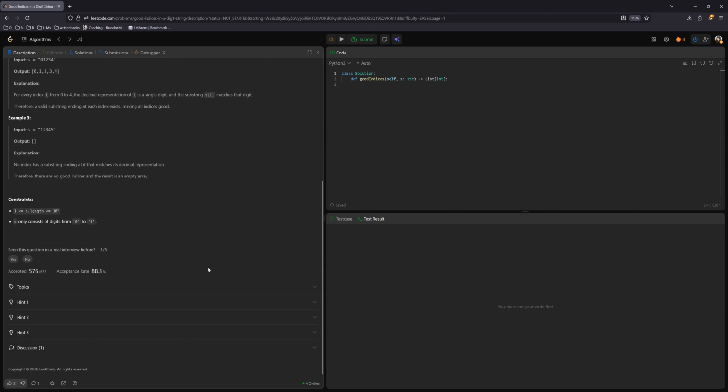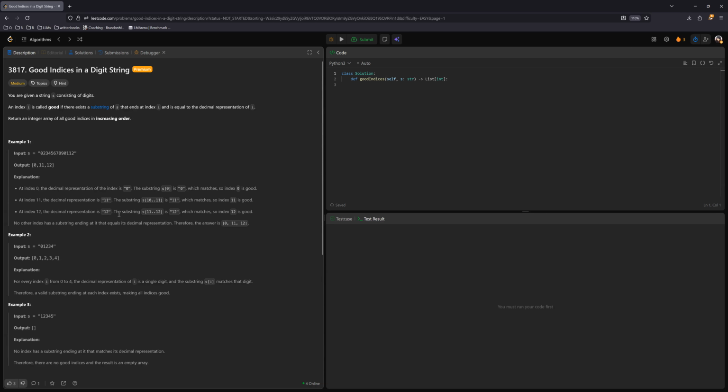Okay, so it can only be up to 10 then, right? Output 11. 11? An index I is called good if there exists a substring of S that ends at index I and is equal to the decimal representation of I. Oh, that's interesting.